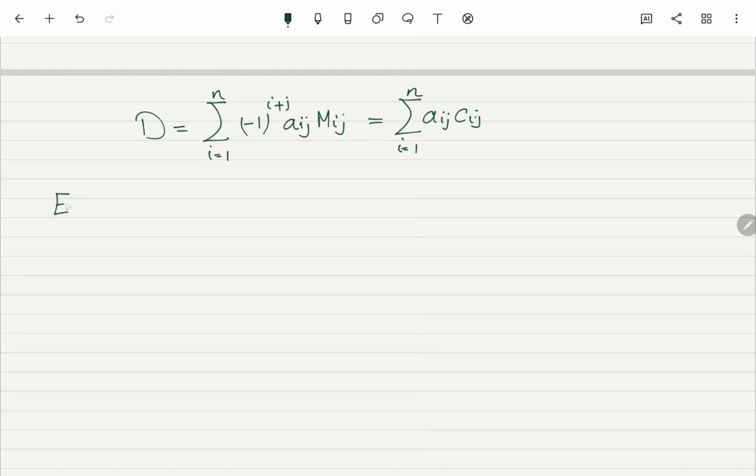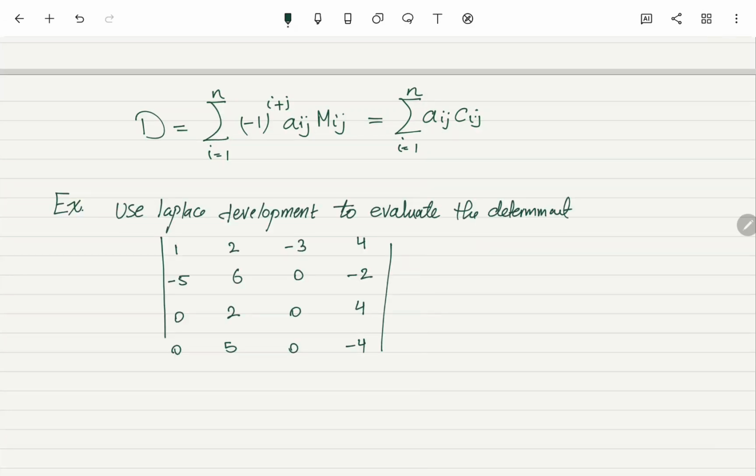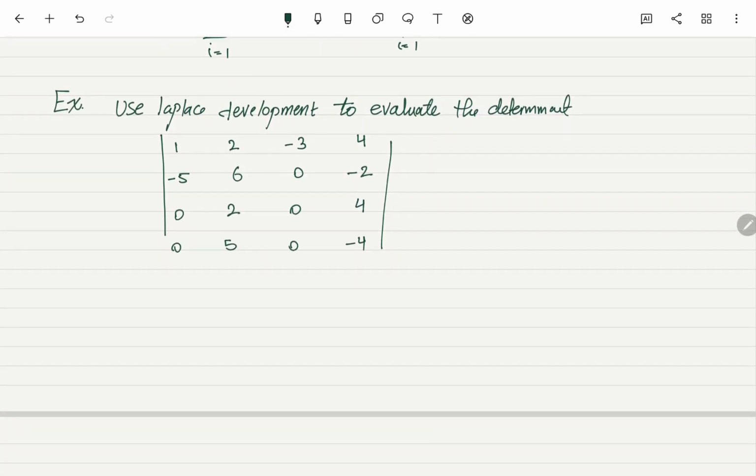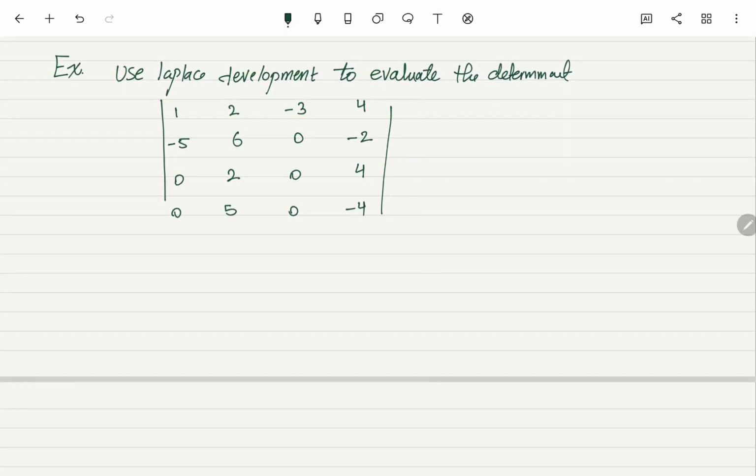Example: use Laplace development to evaluate the determinant, this one here, and this one is a 4 by 4 determinant. Now to use Laplace development, we can pick any row or any column, but the good thing here is the third column, this one here, most of the elements are 0.